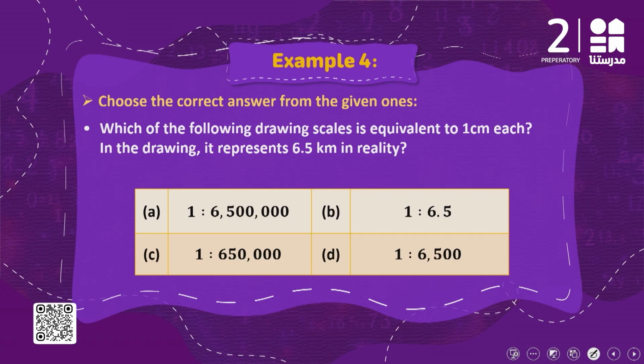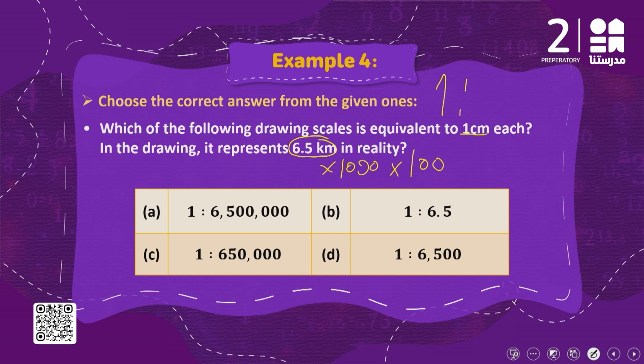Which of the following drawing scales is equivalent to 1 centimeter in the drawing representing 6.5 kilometers in reality? Whenever you use a map scale, you have 1, which means 1 centimeter, to another value in centimeters also. This value is in kilometers. To make it centimeters, you have to multiply it, can you remember, by 1,000, then by 100.